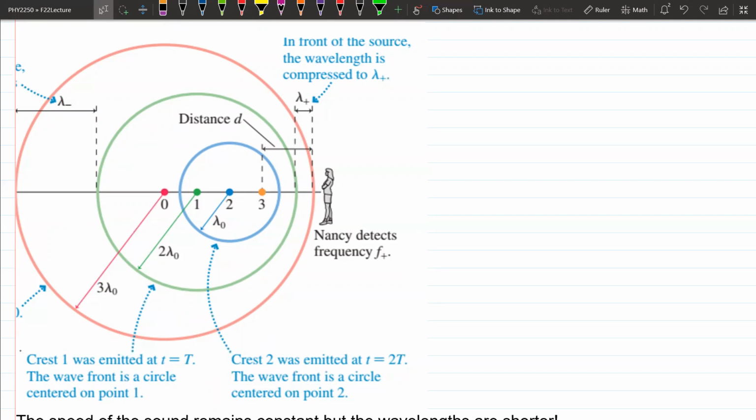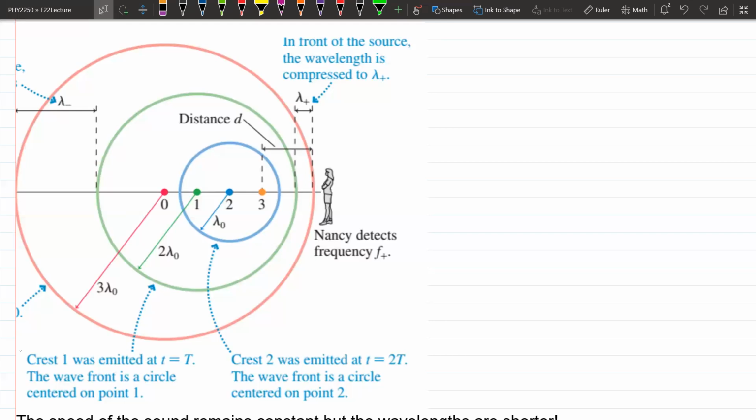But 1 second later, that source is actually closer to Nancy. The green sphere, instead of being centered around 0, is now centered around 0.1. So this sphere is slightly shifted.